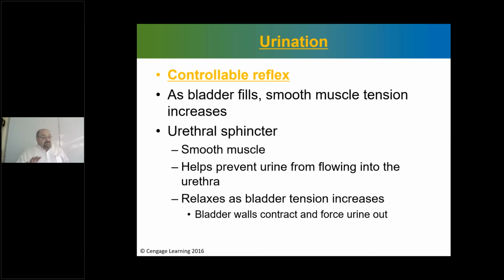But think of sphincters primarily as smooth muscle, something you cannot control, and it's circular, so it'll close up or open depending upon the situation needed. The smooth muscle is closed to help prevent the urine from flowing into the urethra. When it relaxes, as bladder tension increases and there's more fluid in the balloon, in the urinary bladder, the bladder walls will contract and force the urine out.